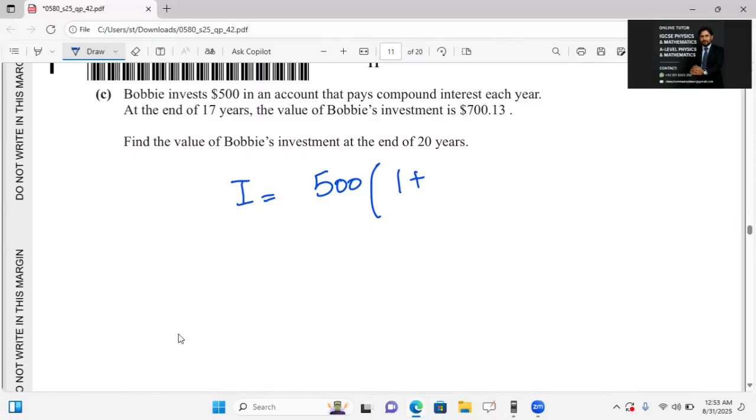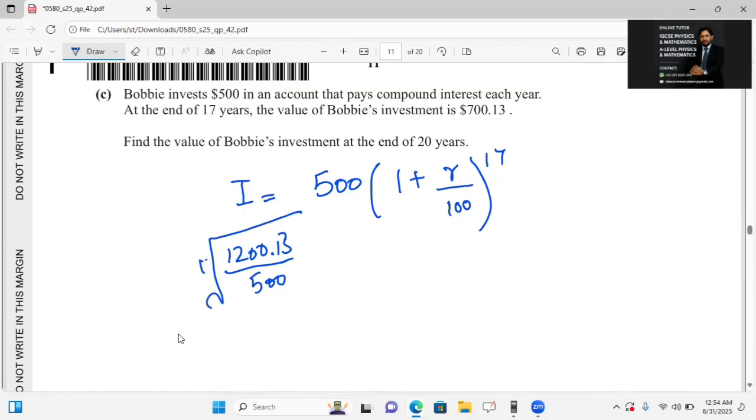So the amount is 713, and I take 713 divided by 500, to the power 1 by 17 on both sides.